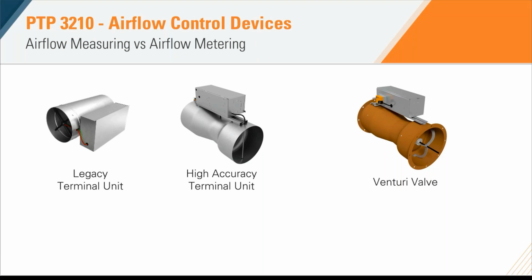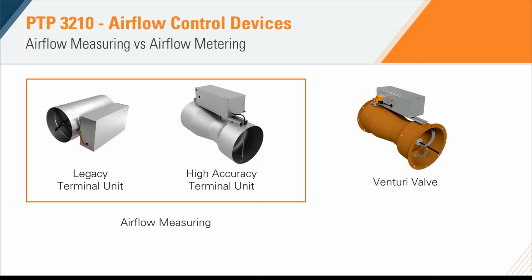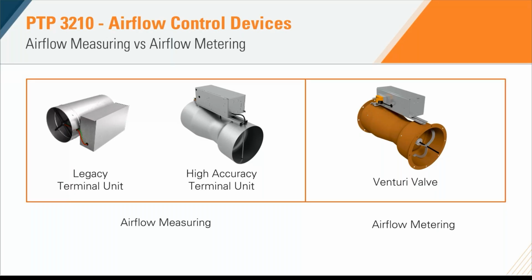Based on these three functional categories, they will fall under either an airflow measuring technology or an airflow metering technology. So airflow measuring is going to cover our legacy terminal unit and high accuracy terminal unit, and for airflow metering, we're going to have our Venturi valve style technologies.